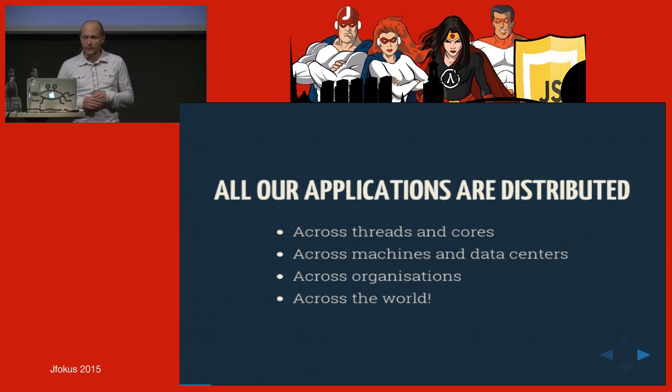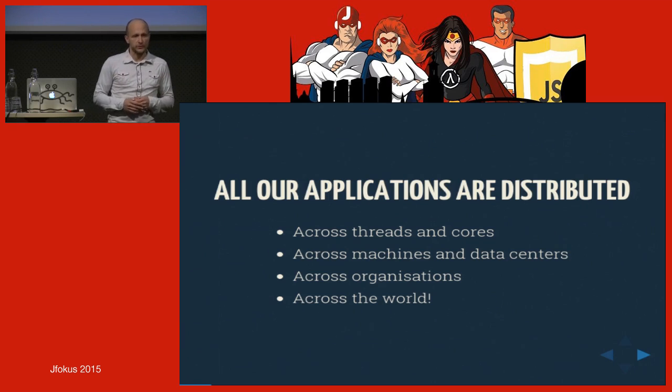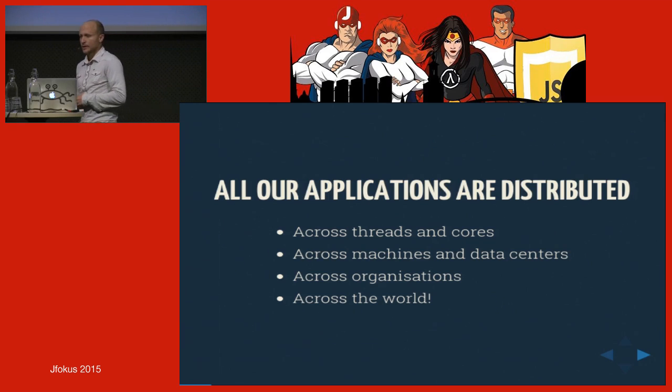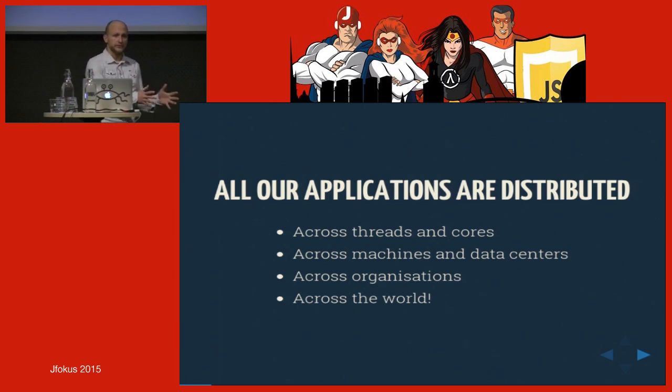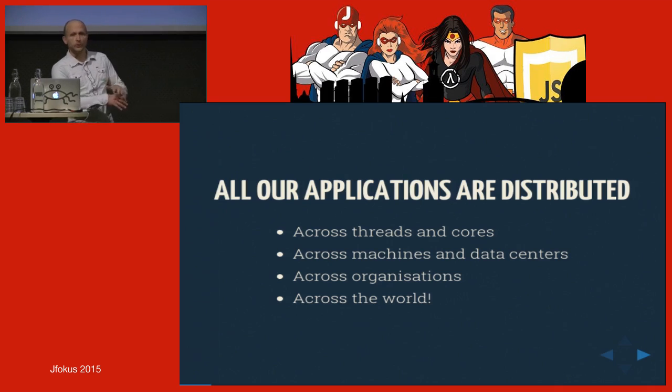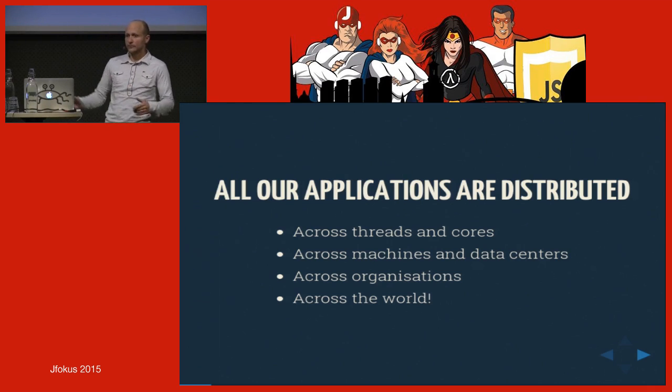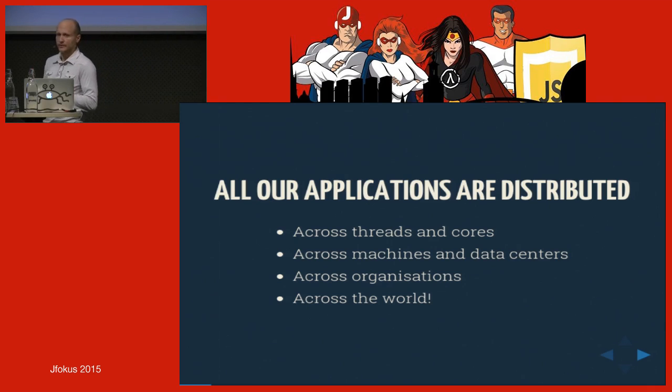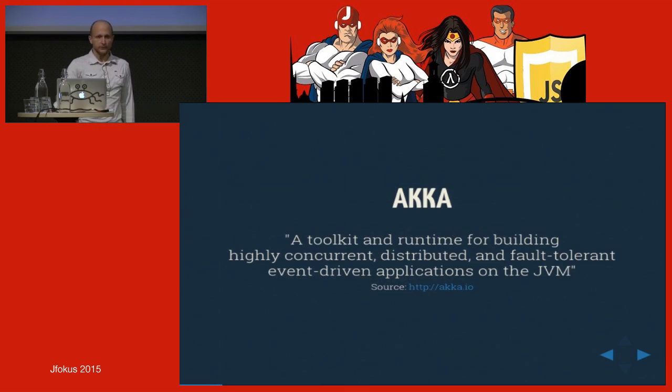Essentially, our applications are distributed across the world, right? And there's no application that I have built in the last years that lived on a true island. It was always connected to some kind of other service, probably in another organization even, be it the Twitter API or Facebook or anything. But that's the environment that we're in, and that's the challenges that we face.